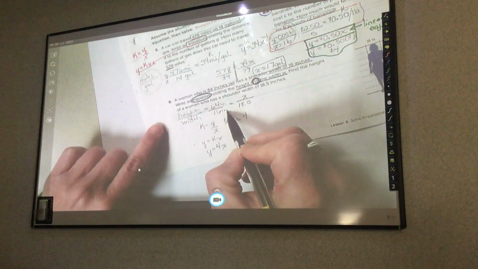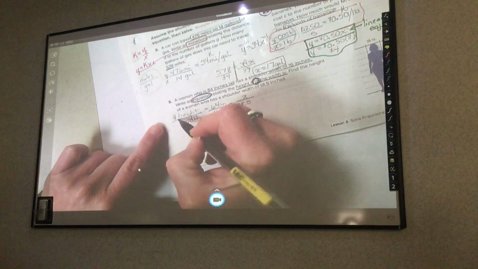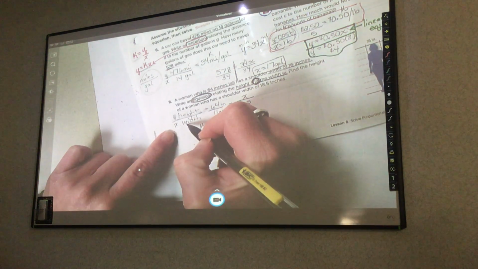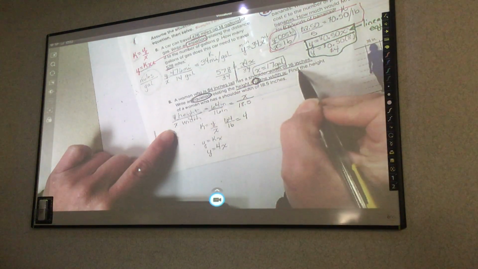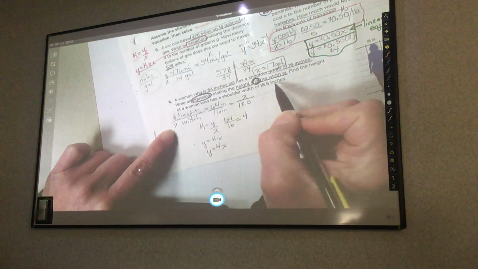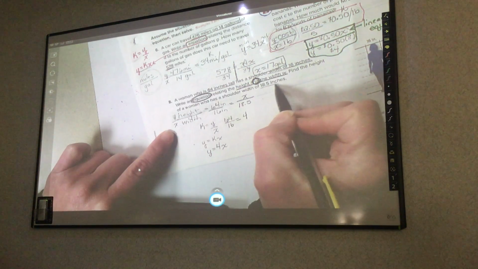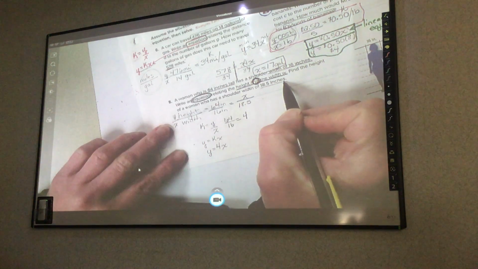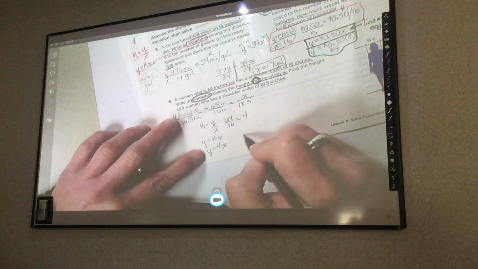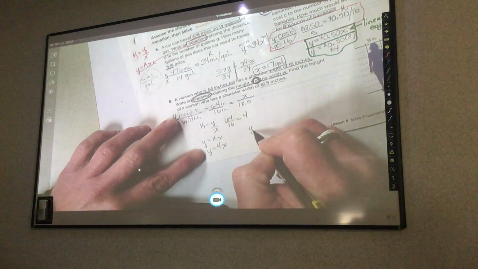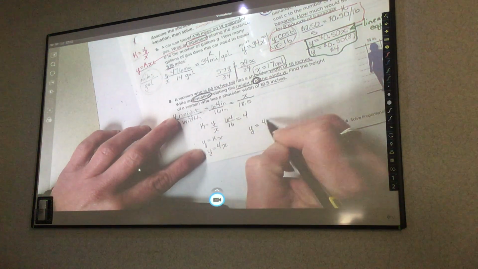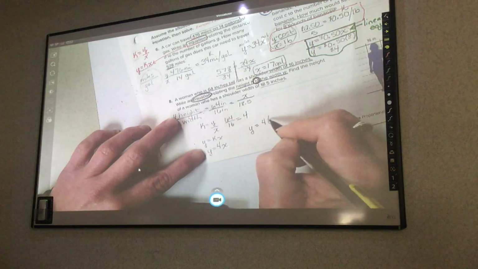What is my X? Well, this is Y, this is X. X is my 16, width. So it says, for the height of a woman who is shoulder width. So do I know is this my X or is this my Y? X. So I go back to my problem. Y equals 4 times, my X is 18.5.